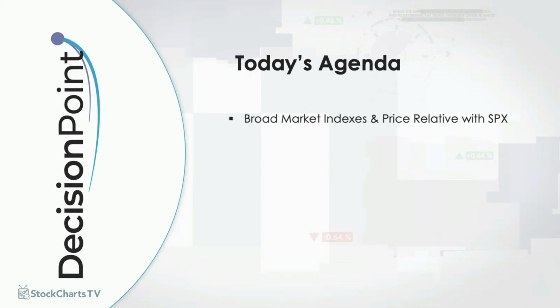All right, well, let's go ahead and get started. I've got my fan running in the background, so I should be able to stay cool. As we usually do on the DecisionPoint show, I'm going to look at broad market indexes and price relative with the S&P. We will also have our weekly review, and I will look at all those scoreboard indexes. There are a few signal changes I want to make you aware of.